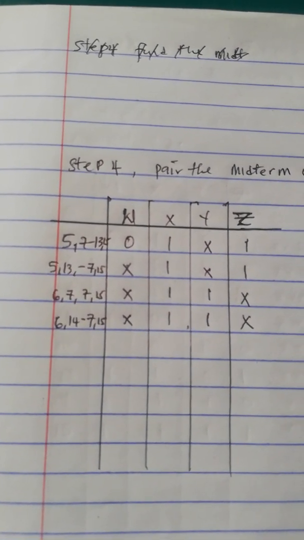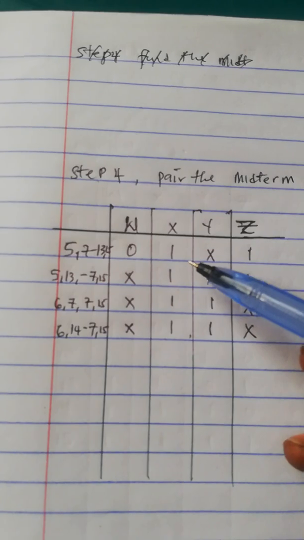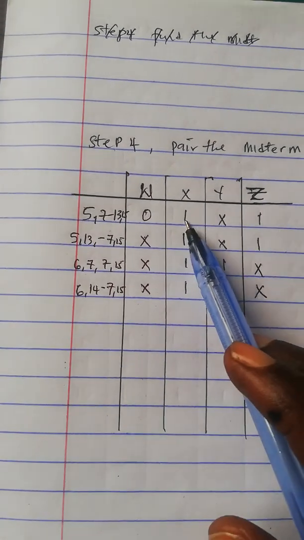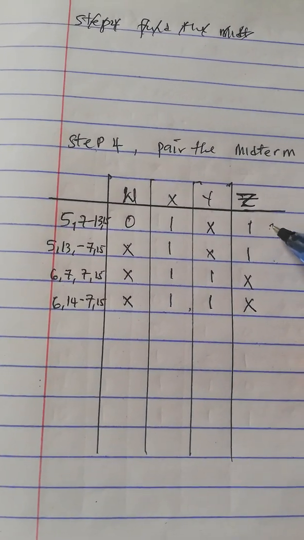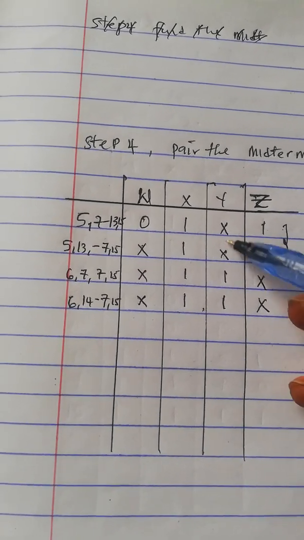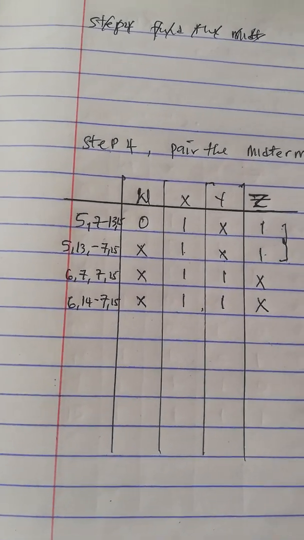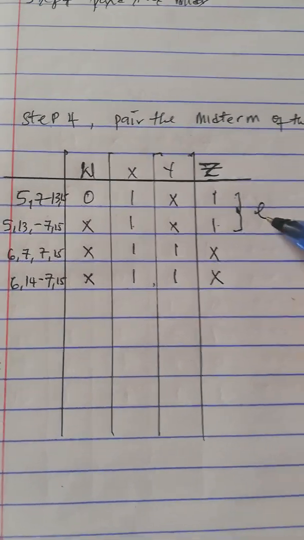We have how many groups now? We have two groups, this one and this one here. Now the next thing is to pair the two groups together. This is the first group, group 1, from here. Now from here to here is group 2.